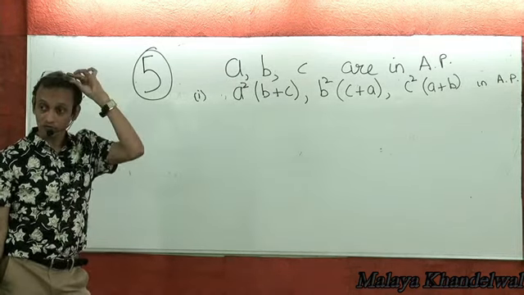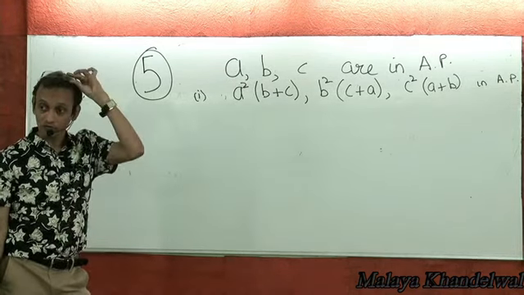If these are in AP, yes or no? And now divide by AB plus BC plus CA. So assuming that AB plus BC plus CA is not 0, if I divide by AB plus BC plus CA, this would be true if and only if A, B, C on dividing by AB plus BC plus CA throughout, right? If A, B, C are in AP.